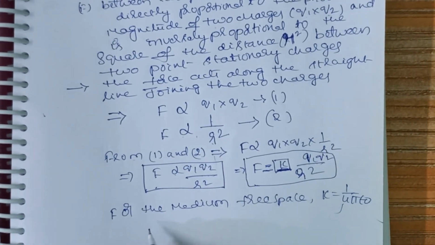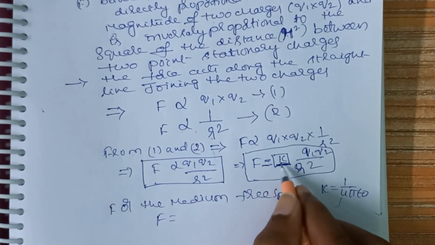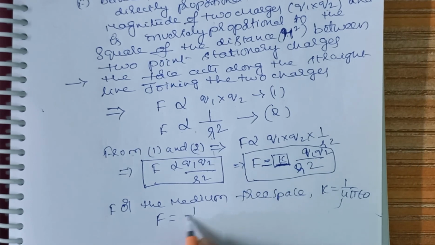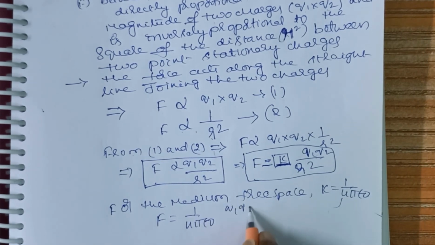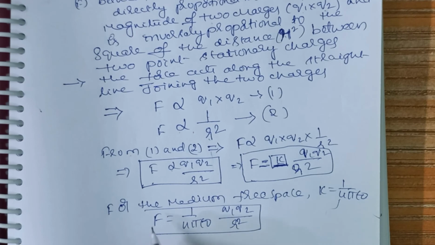So finally, for Coulomb's inverse square law in electricity, the formula can be written as F is equal to 1 by 4 pi epsilon naught Q1 Q2 by r square.